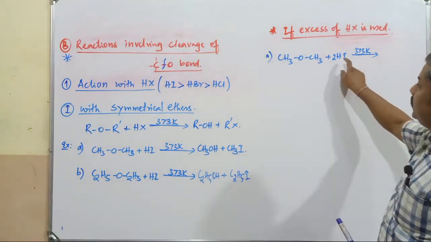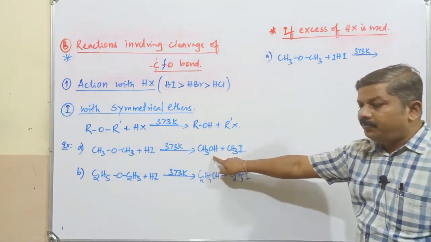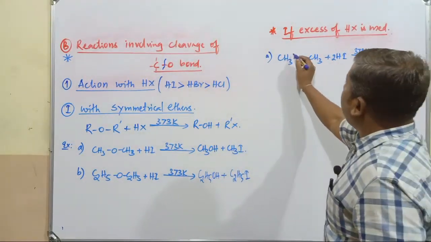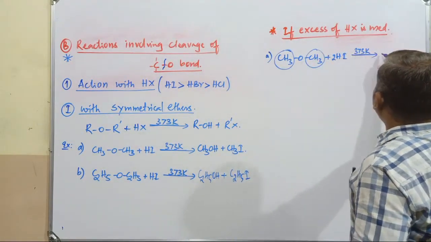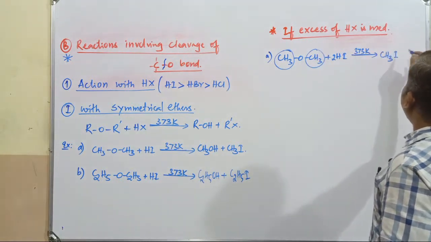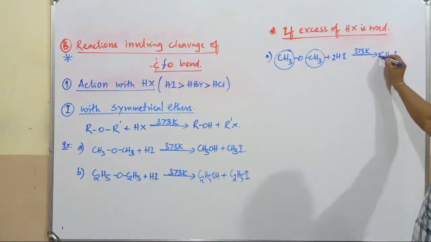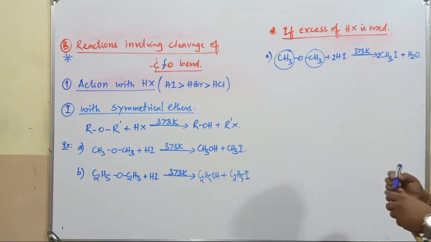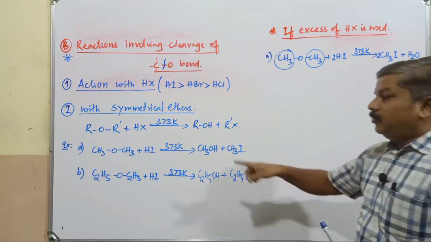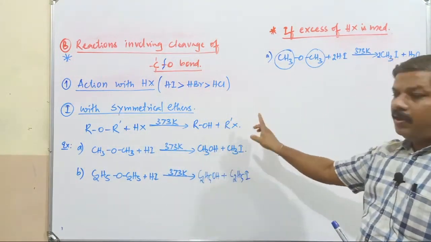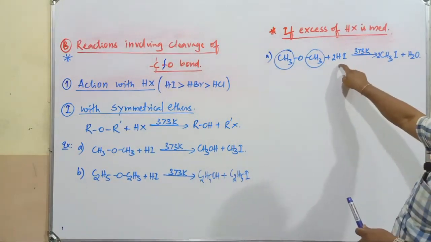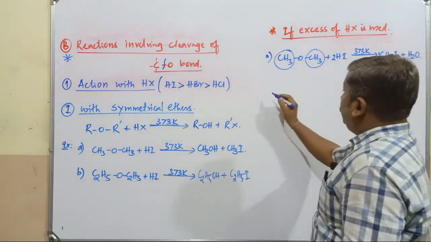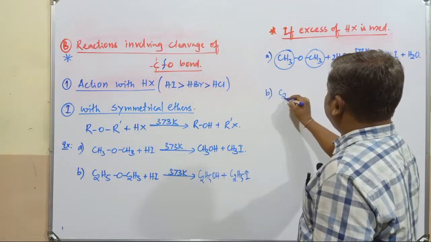If excess HI is there, whatever alcohol is obtained also converts into alkyl halide. So both groups are converted into CH3I, that is 2 moles of CH3I plus H2O. With 1 mole of hydrogen halide, 1 alcohol and 1 alkyl halide form. With 2 moles of HI, both become alkyl iodide.